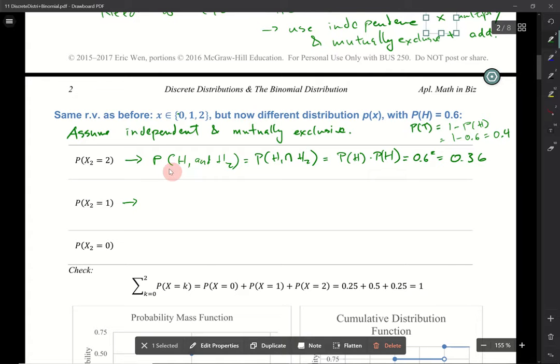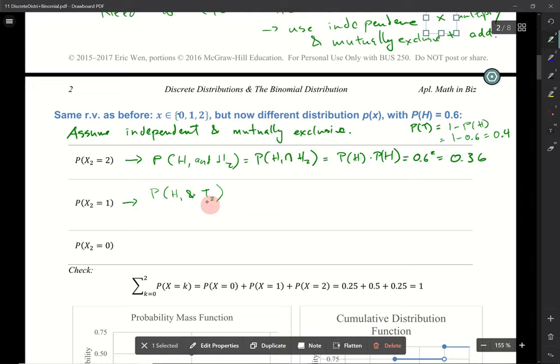In order to figure out the probability of 1 head, we have to go back to the events. So maybe the probability of heads on the first throw and tails on the second one.